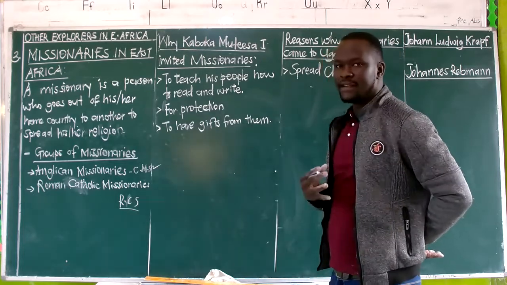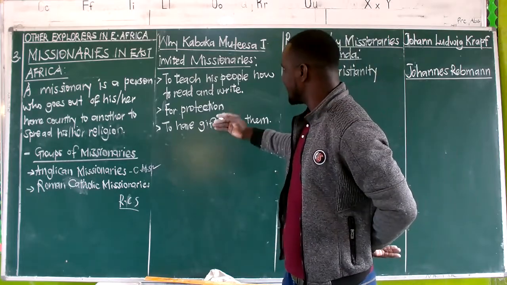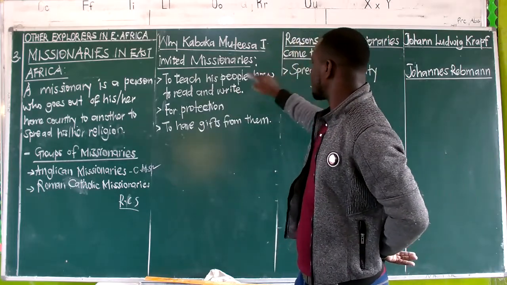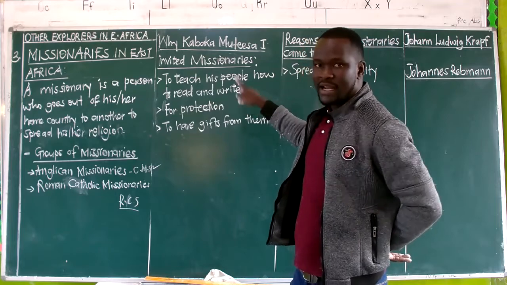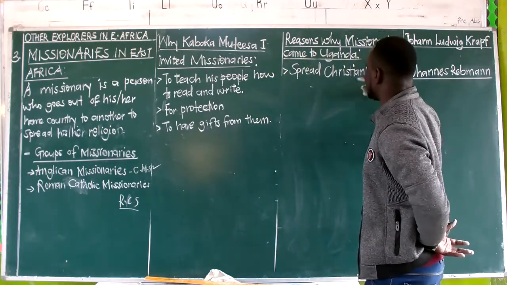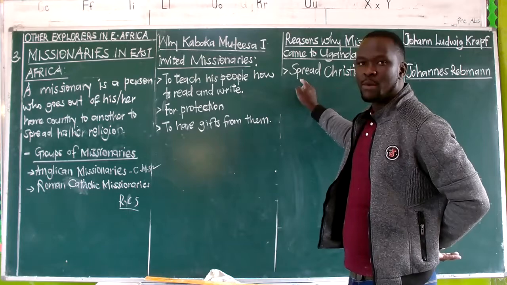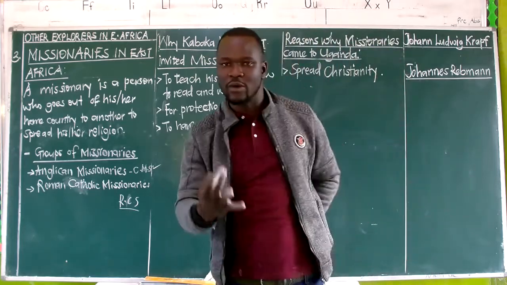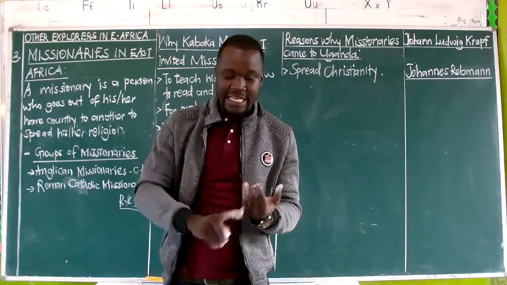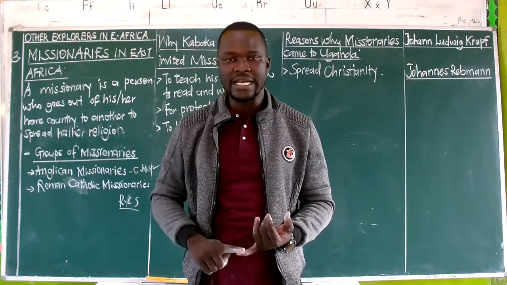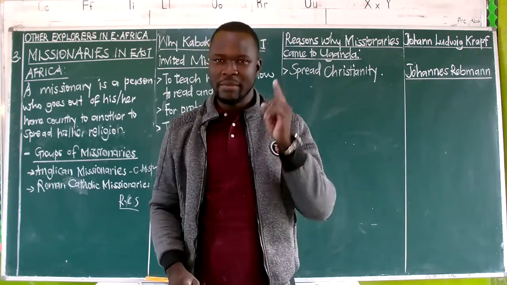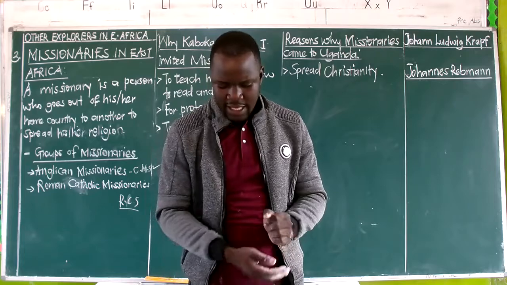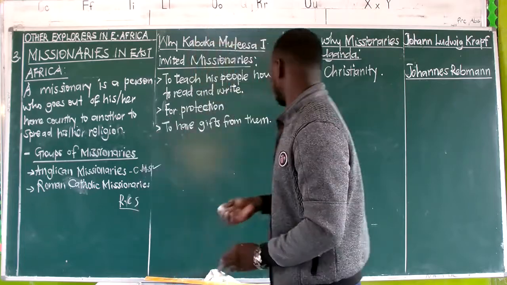Why did the king invite them? The king wanted the missionaries to teach his people how to read and write. But the missionaries came mainly with the aim of spreading Christianity. They said, much as we are going to teach their people, the major reason we are going there is to spread Christianity. That is the major reason for the coming of missionaries to East Africa.